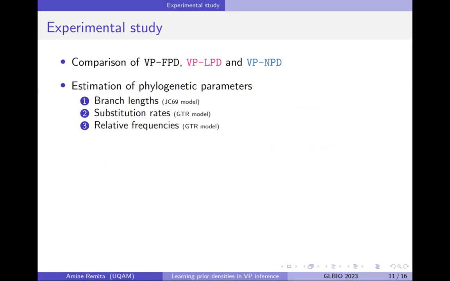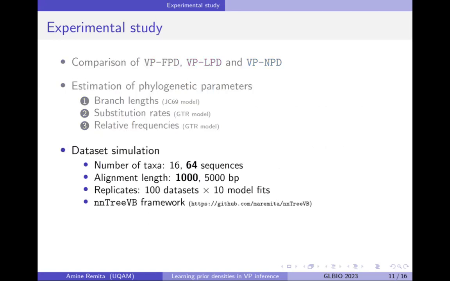We evaluated and compared the proposed variational models in estimating 3 phylogenetic parameters: branch lengths with the Jukes-Cantor model, and substitution rates and relative frequencies of a GTR model. We simulated multiple sequence alignments using different lengths and sizes, replicated each alignment 100 times, and fitted each alignment 10 times.